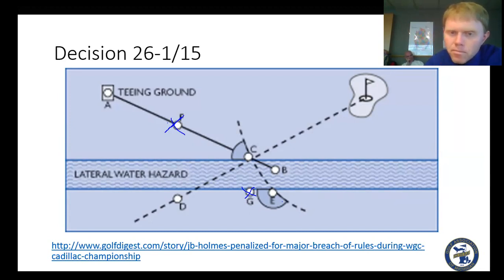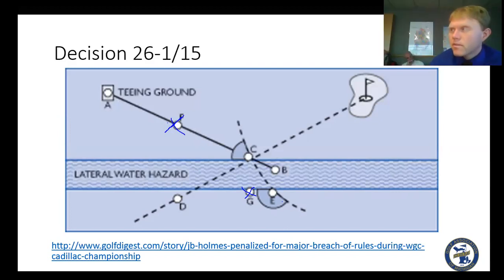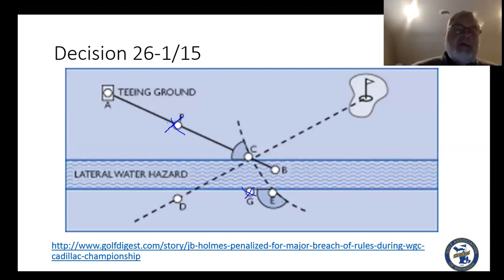D is an option for both lateral and water hazard. But JB Holmes used the point of E as his line and went back, and that's why he got penalized, because that was an incorrect drop. Exactly.